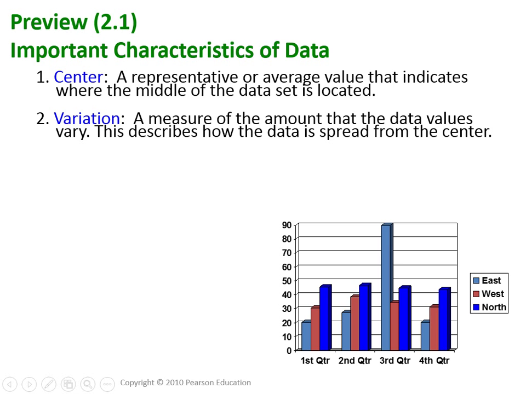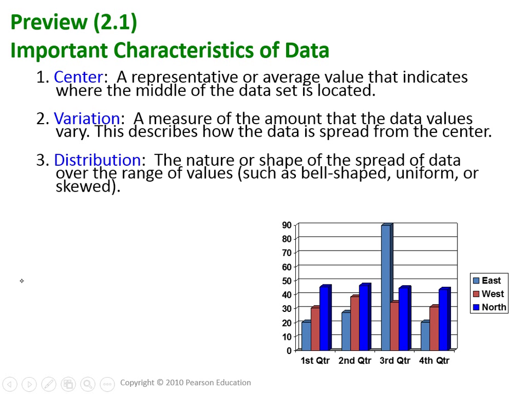If the middle test score was an 80%, but everybody's score was between a 78 and an 82, then that's not much variation in test scores. On the other hand, if the middle test score was an 80, and the test scores range from a 20 to a 100%, that's a lot of variation. Just knowing how much they vary tells you a lot of information, and that's one thing you want to look at as you look at that data.